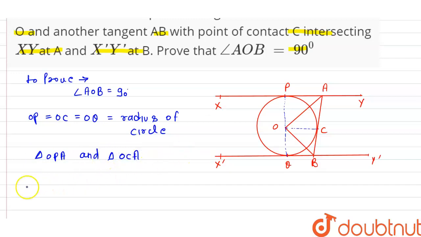Here OP is equal to OC because these are radii of the circle.